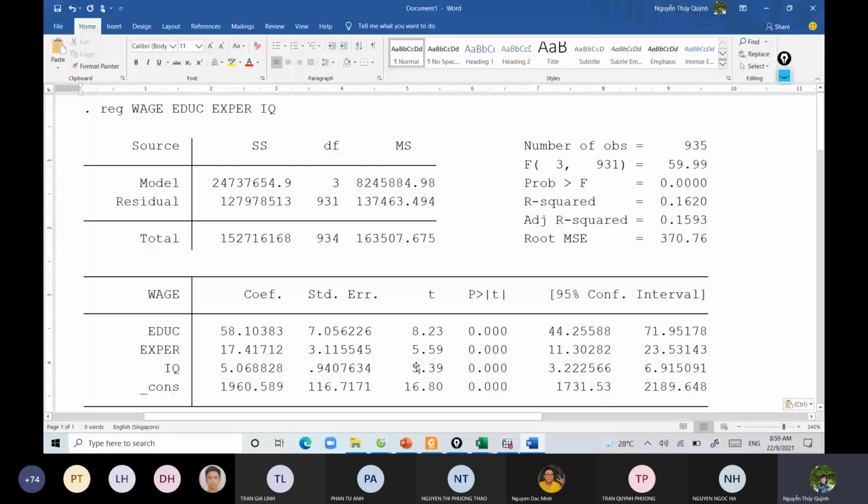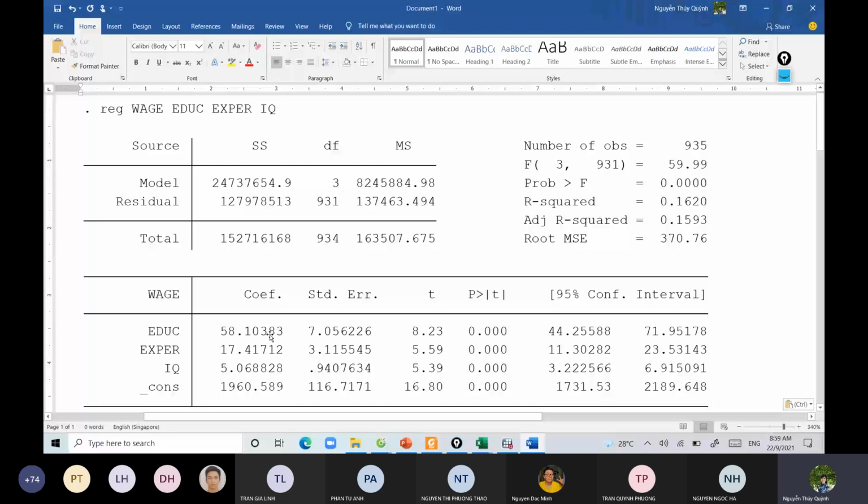Those questions can be answered using the observed value of T in this regression output. Let's try it. Here, this one is the observed value of beta 1 hat, and the suspect value is 0, and we also have the standard error here.